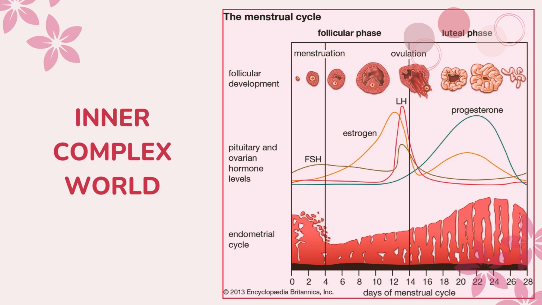And if you are dealing with period problems like PMS or painful heavy periods, the information in these chapters will give you a deeper understanding of what might be going on in your body, helping you better navigate your specific conditions when we discuss them later on.